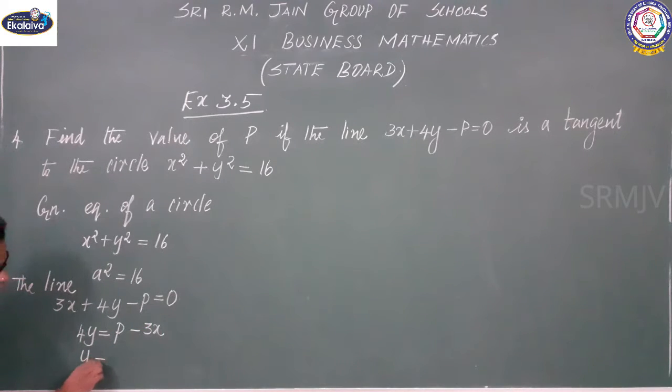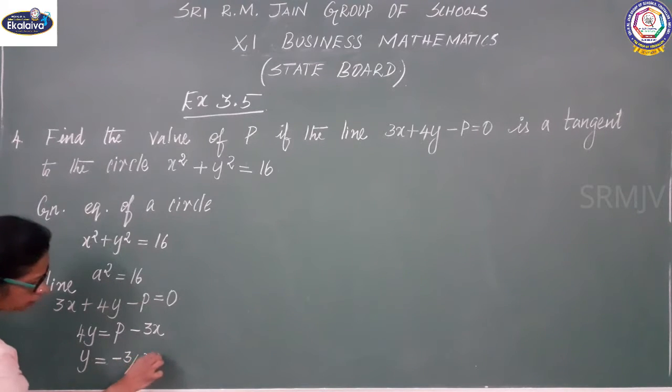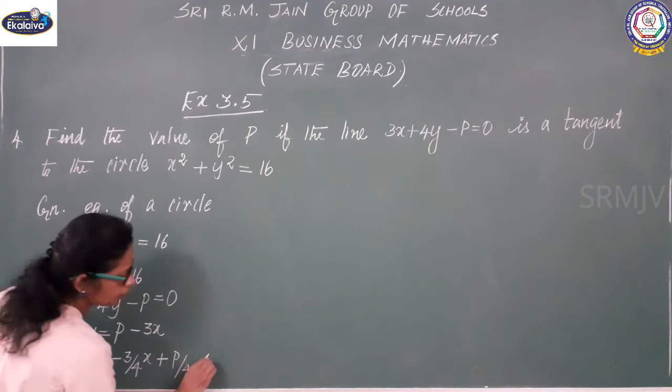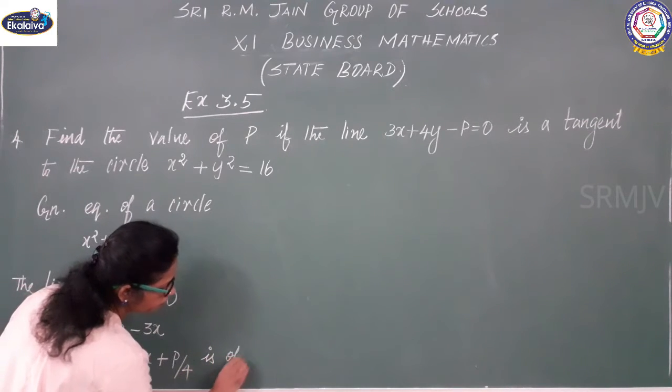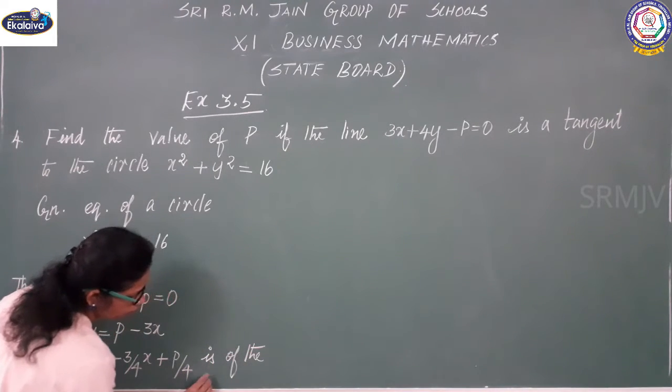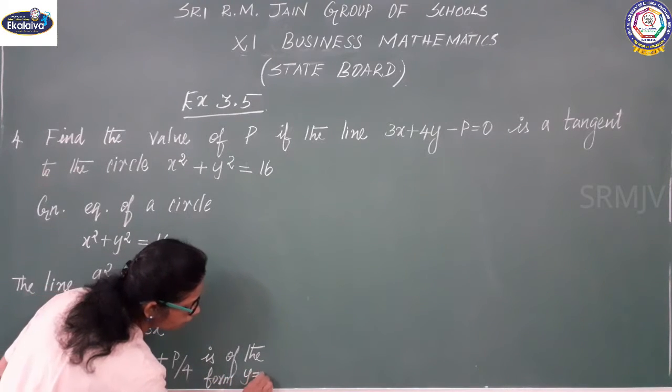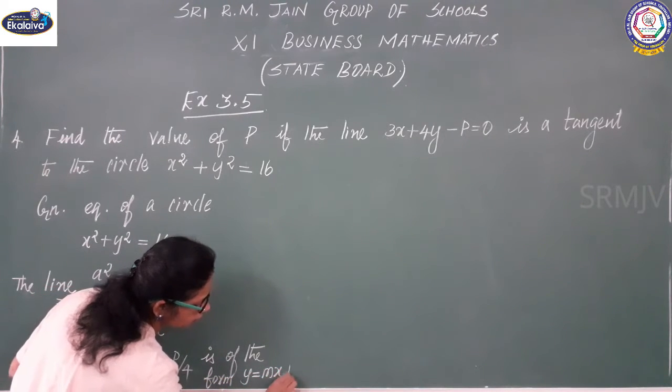Then y is equal to minus 3 by 4x plus p by 4 is of the form y is equal to mx plus c.